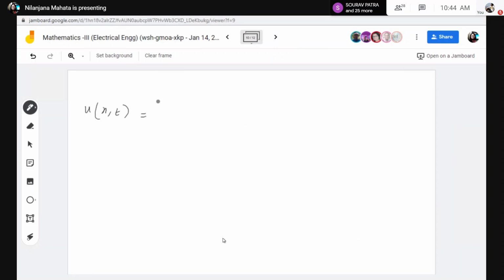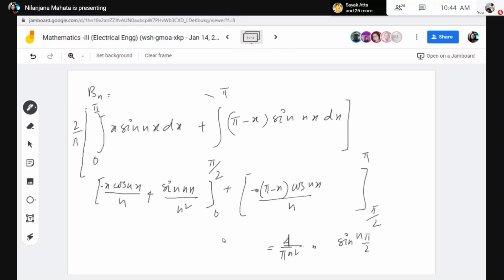So I can write this as 4 by pi summation, with n square, but there will be alternate plus and minus.